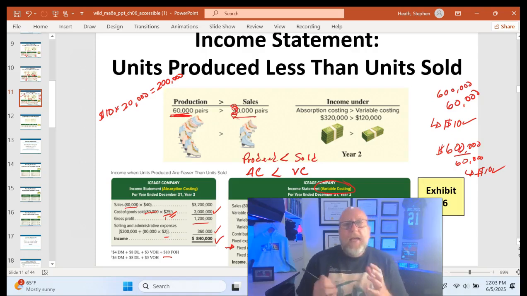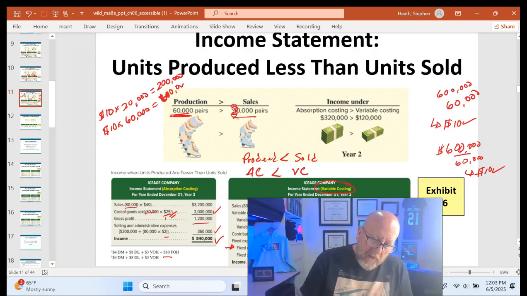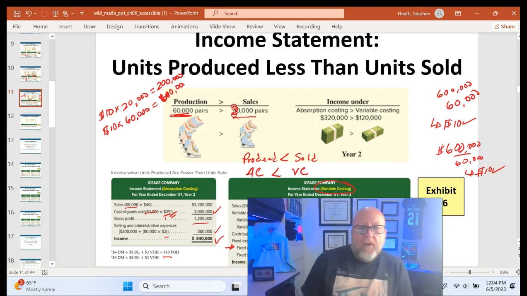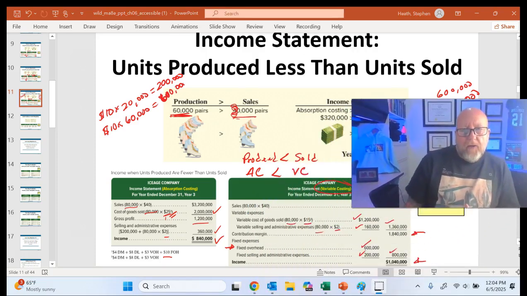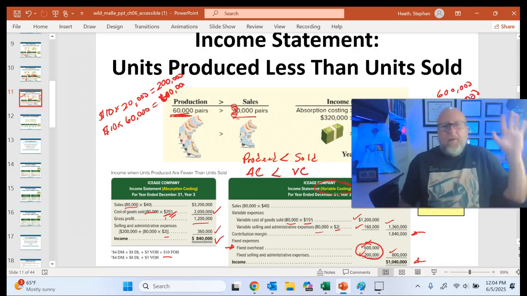And now we're taking that 200,000 plus the $10 per unit times the 60,000 units that we produced in this period, which is 600,000. So we're taking all of the fixed expenses from this period and 200,000 from the previous period that weren't sold, and they're all getting included this period. So all of our fixed expenses are exceeding the fixed expenses using variable costing. Because under variable costing, we only include the fixed expenses that we incurred this year because last year we included them all last year.